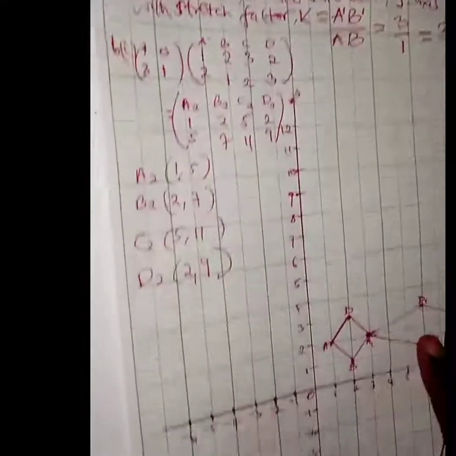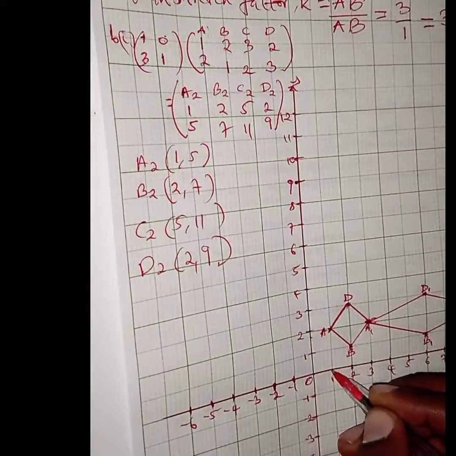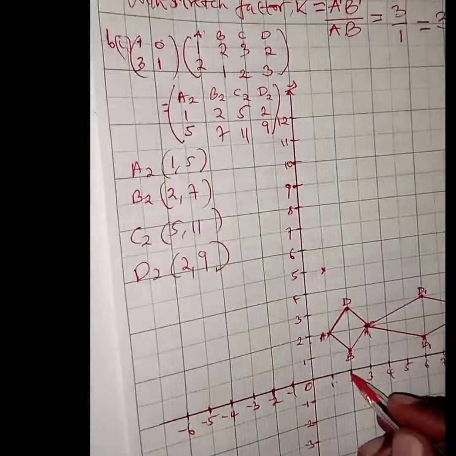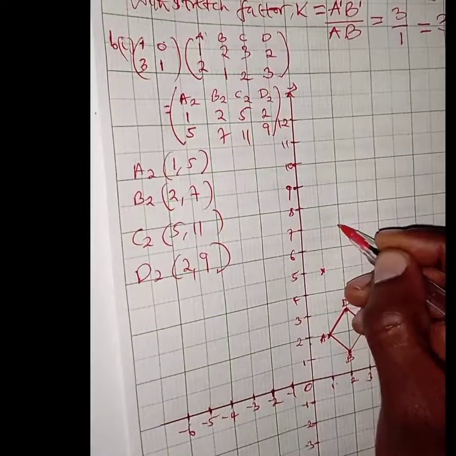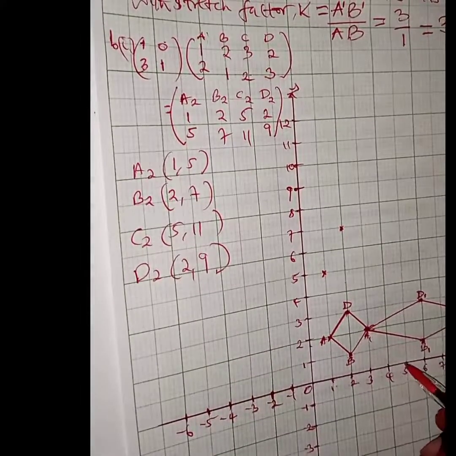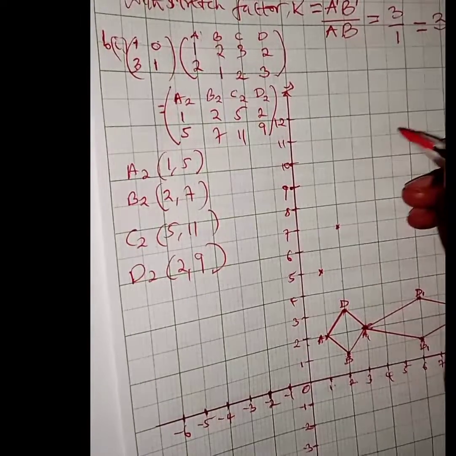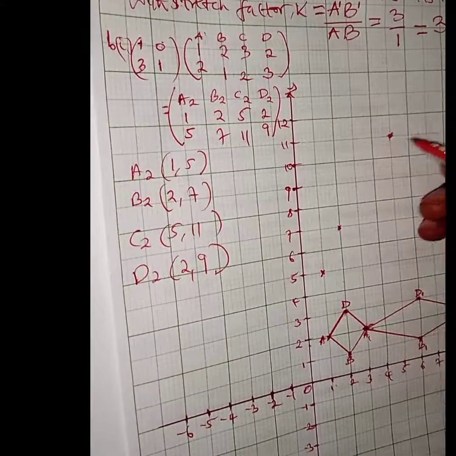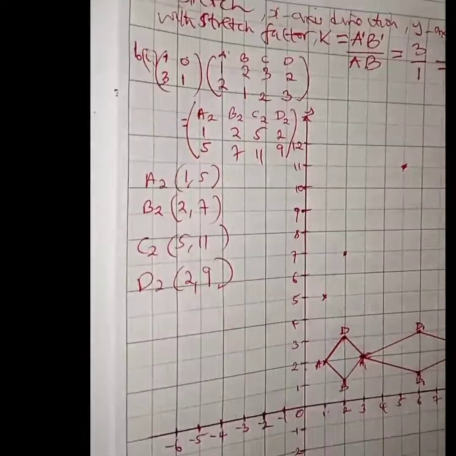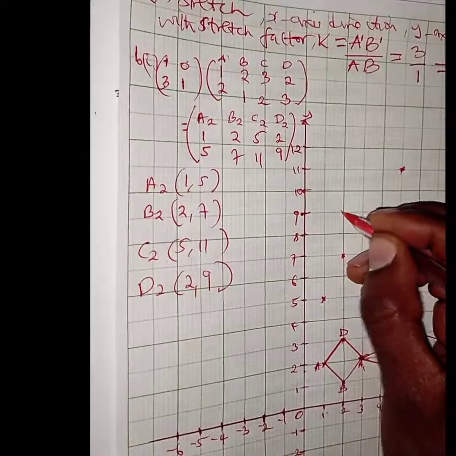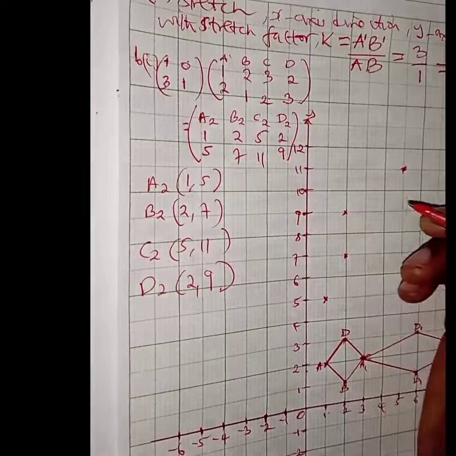So 1, 5. 1 is here, 5 is here. 2, 7. 2 is here, 7 is here. 5, 11. 5 is here, 11 is there. Then 2, 9. 2 is here, then 9 is here. So we connect.